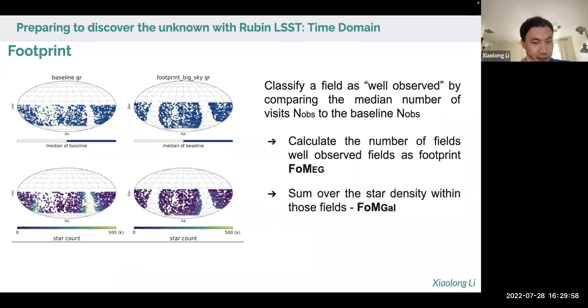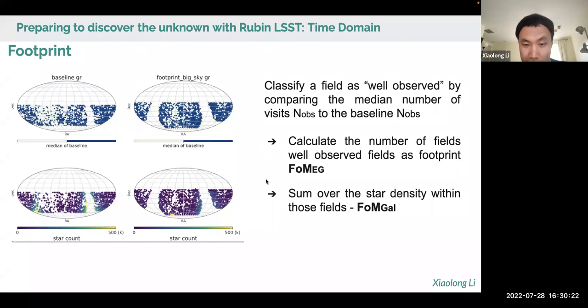And finally, we reward the large footprint by counting the number of fields that are well observed. We define well observed as the field having a number of visits larger than the median of the baseline.